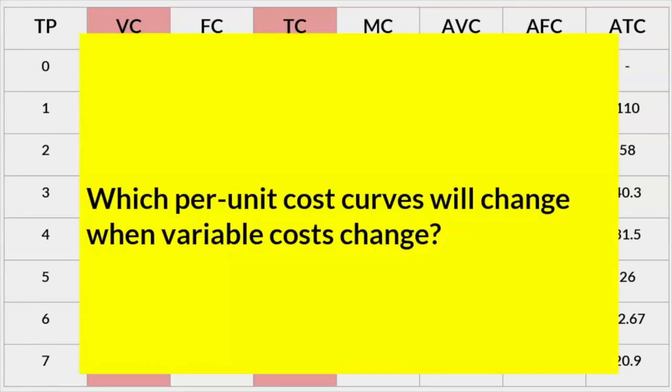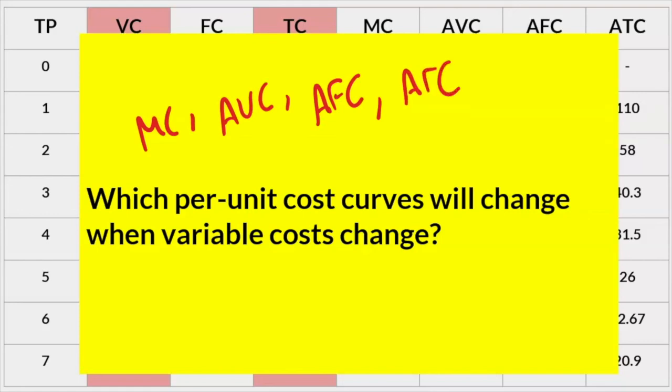Well, that's the easy part. Here, if our variable cost changes, which per unit cost curves, out of our marginal cost, our average variable cost, average fixed, and average total cost, are going to change when our variable cost changes?